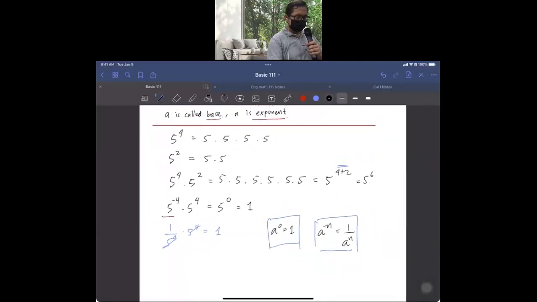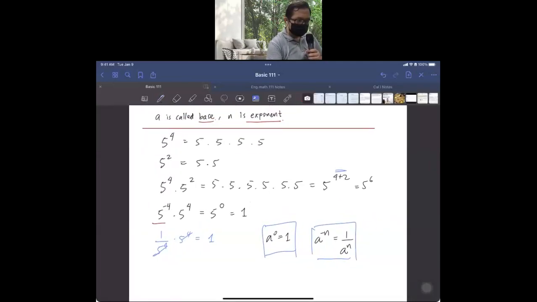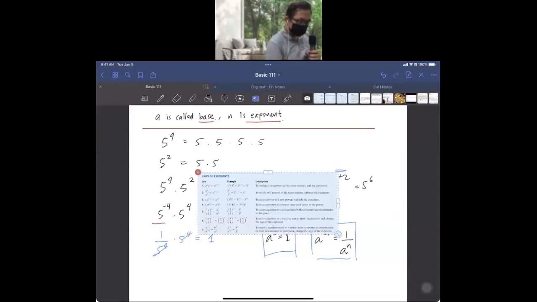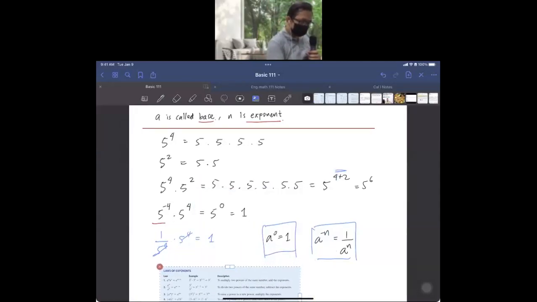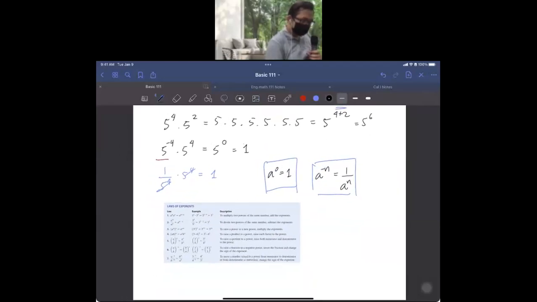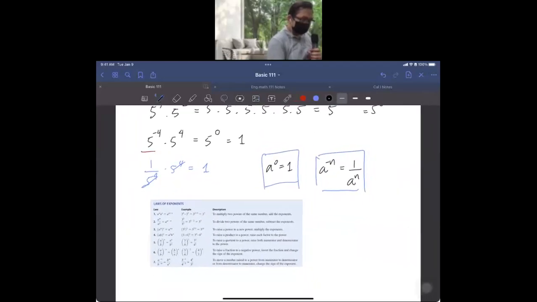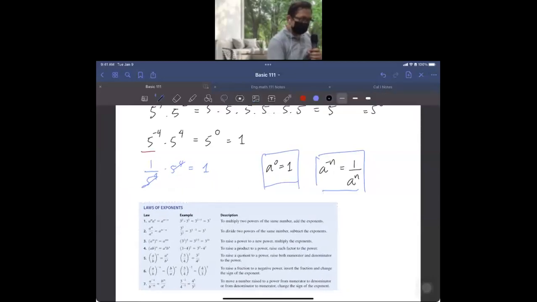Let me check my notes. Oh yeah, this is true. This is some property that you can have within the exponent.